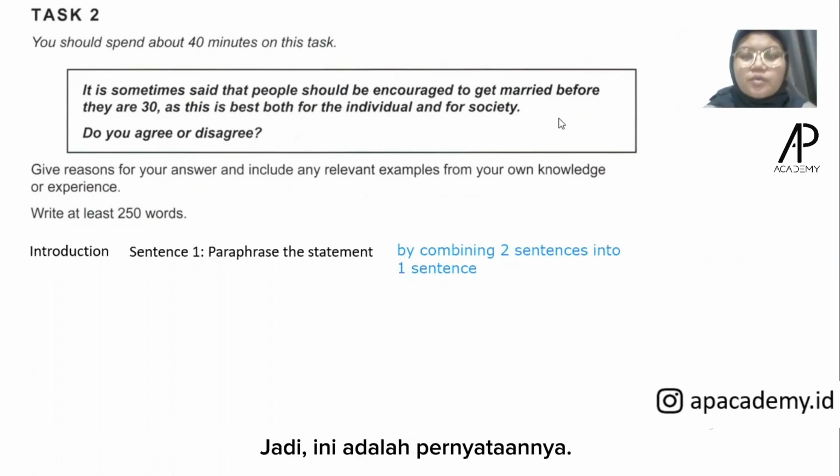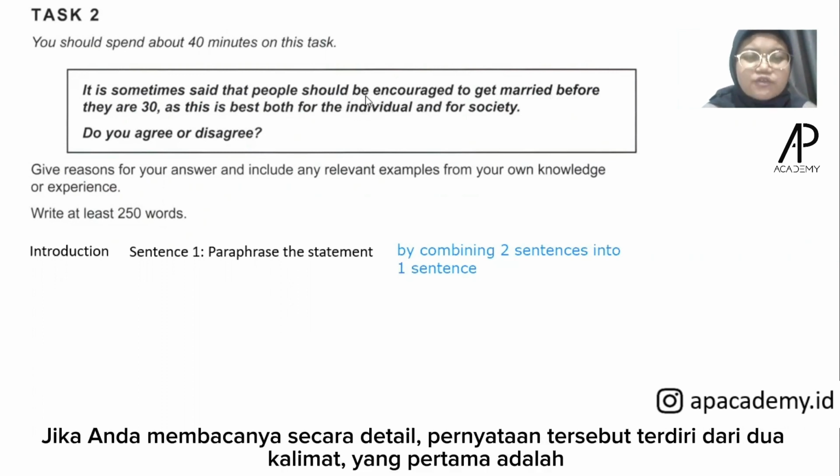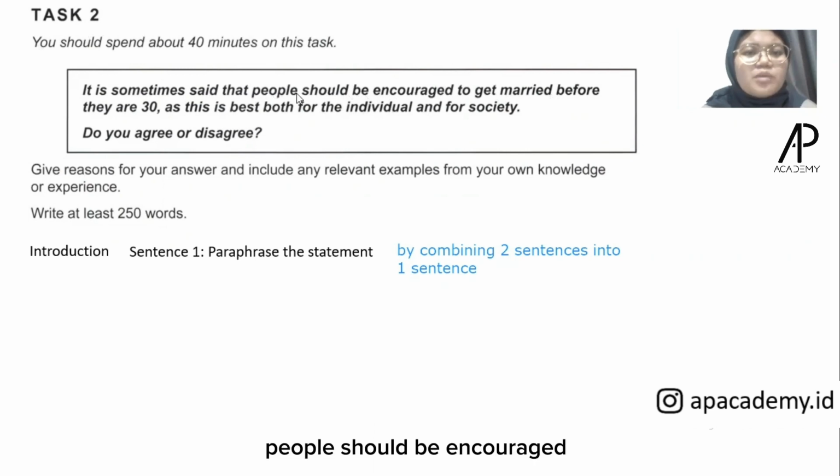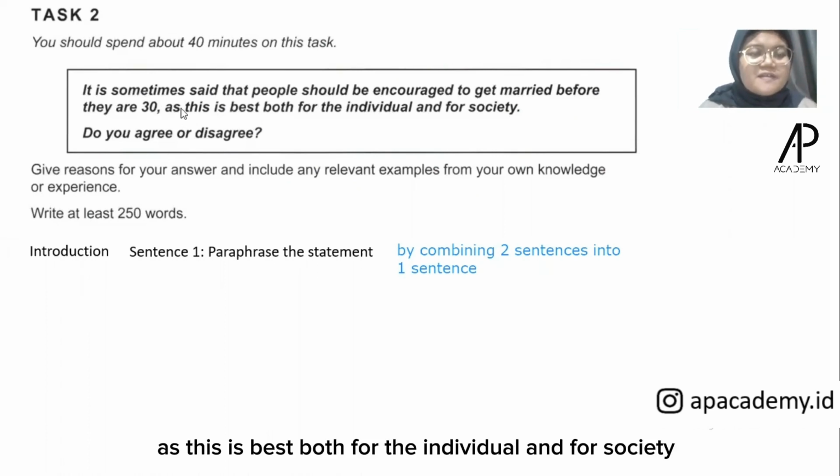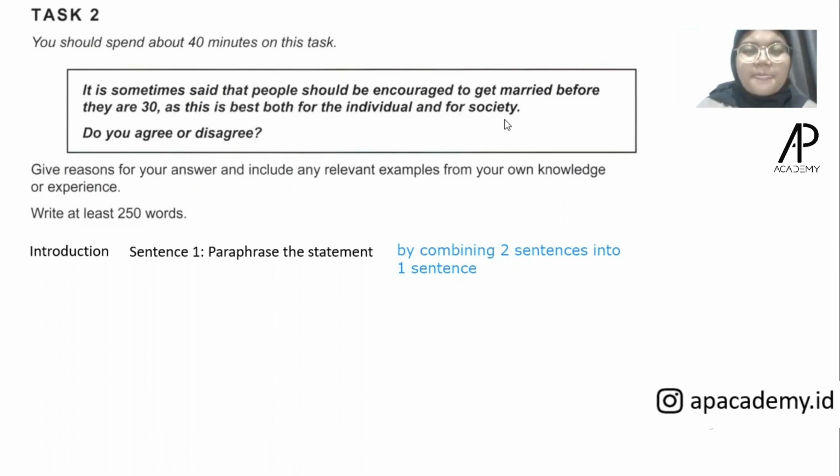Okay, so this is the statement, and if you read it in detail, a statement consists of 2 sentences. The first one is, people should be encouraged to get married before they are 30, as this is best both for the individual and for society. Yes, it has 2 main sentences.